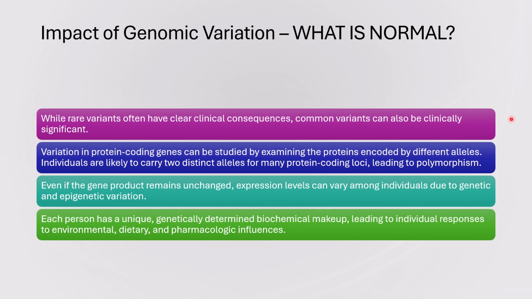And even if the gene product remains unchanged, sometimes the expression level can vary among individuals due to genetic and epigenetic variation. That leads us to the point that each person has a unique genetically determined biochemical makeup, so each person has an individual response to environmental, dietary, and pharmacological influences.